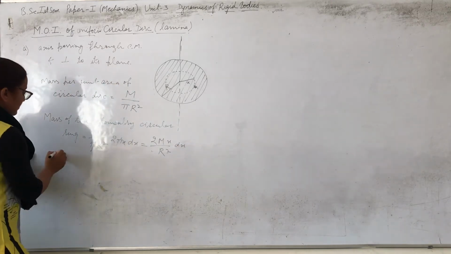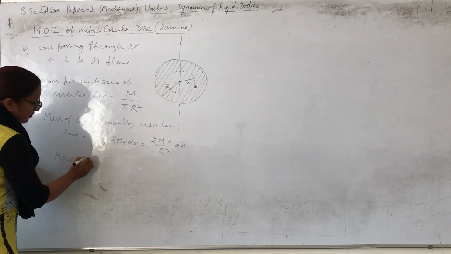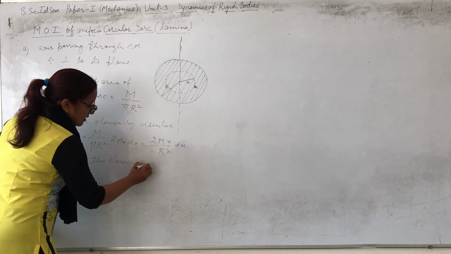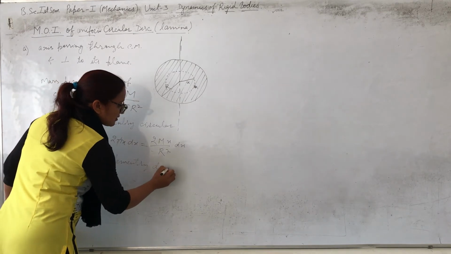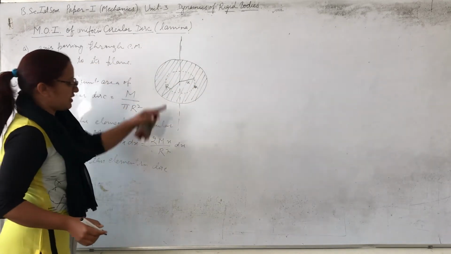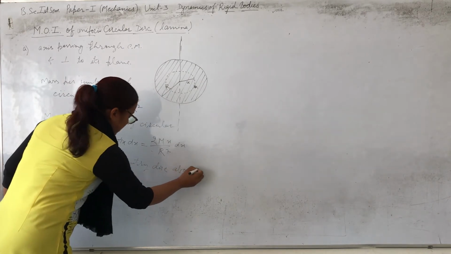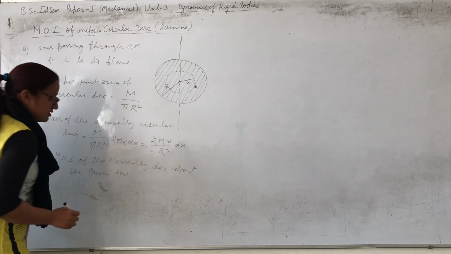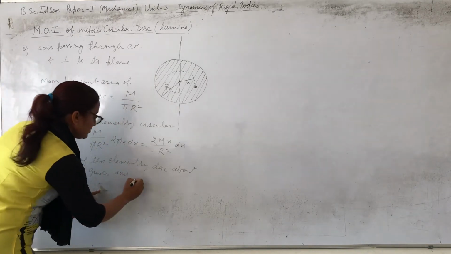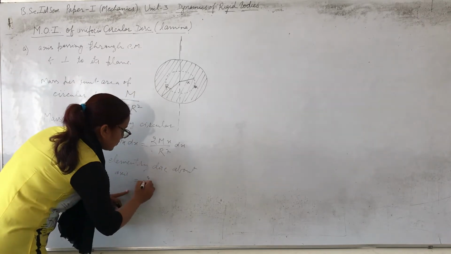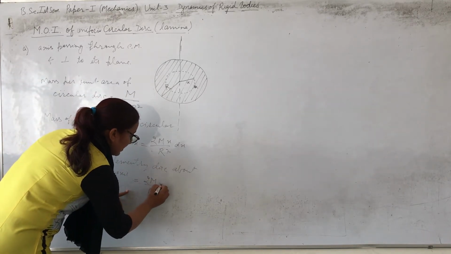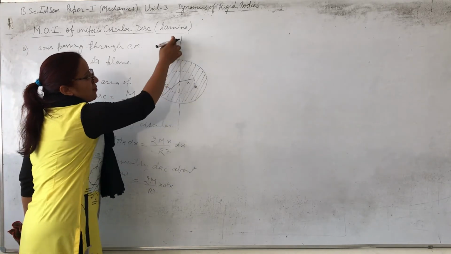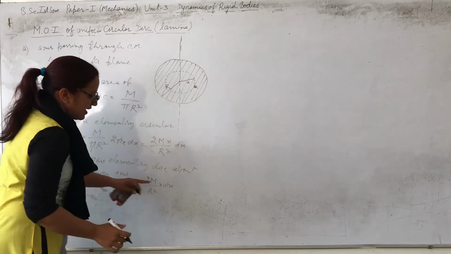Now the moment of inertia of this elementary circular disc about the given axis will be its mass, 2m over r square x dx, into the square of the distance from the axis of rotation, that is x square.